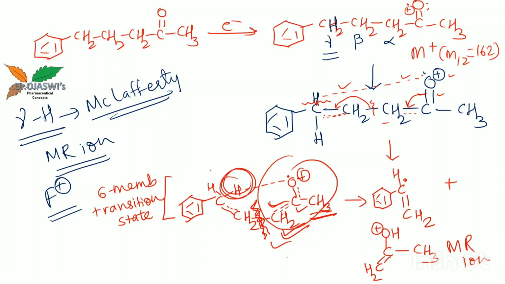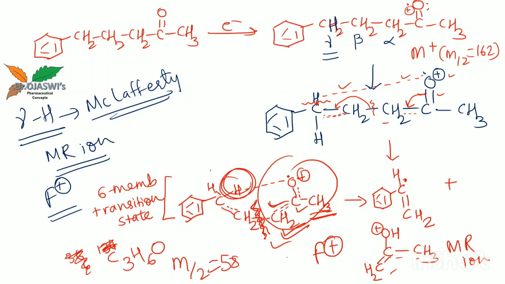I'll call this the fragment ion, and if you want to calculate its m/z value, C3H6O will make it 58. I hope I have calculated it correctly. So this is the m/z value for the McLafferty rearrangement ion.